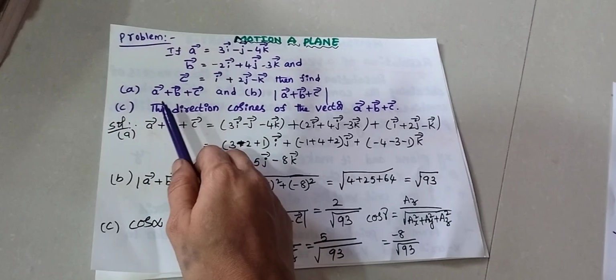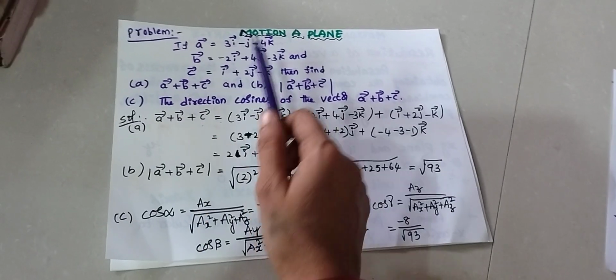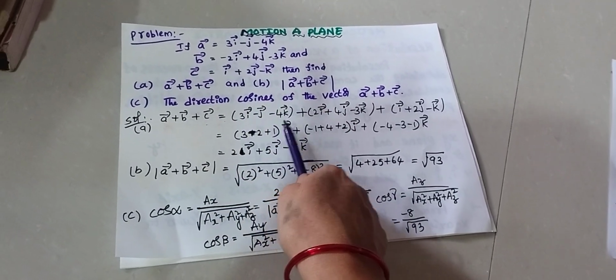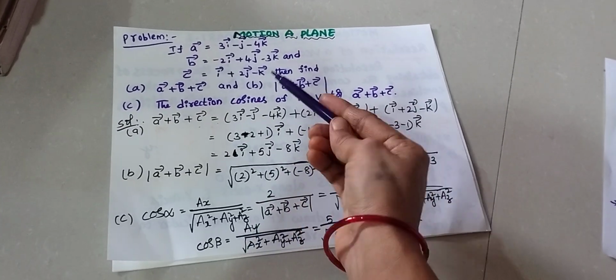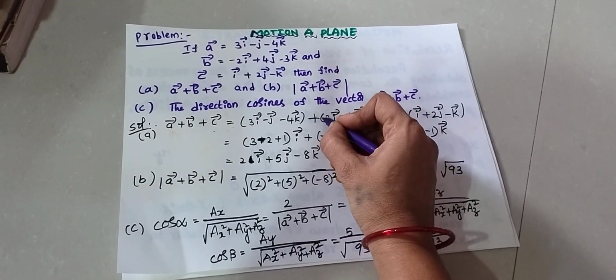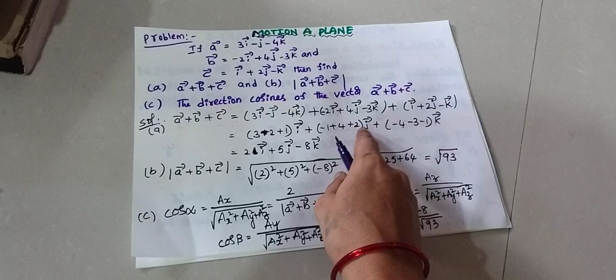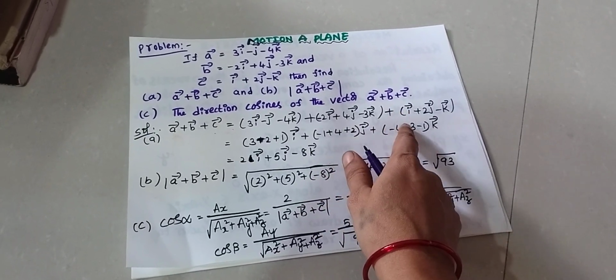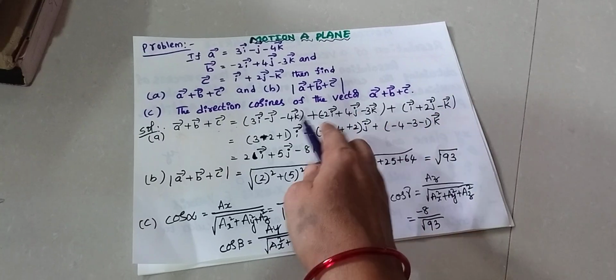First we calculate A bar plus B bar plus C bar. Here A bar is 3i bar minus j bar minus 4k bar, plus B bar is minus 2i bar plus 4j bar minus 3k bar, plus C bar is i bar plus 2j bar minus k bar.